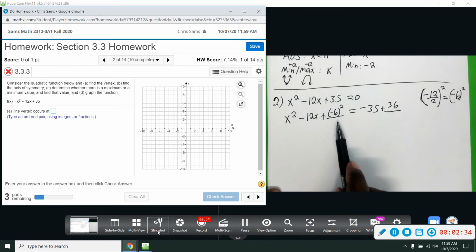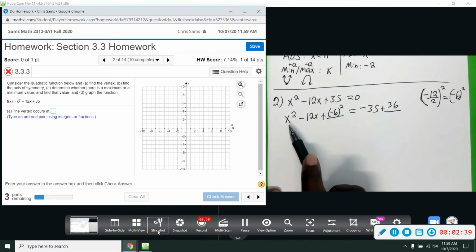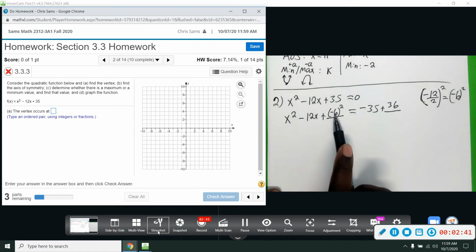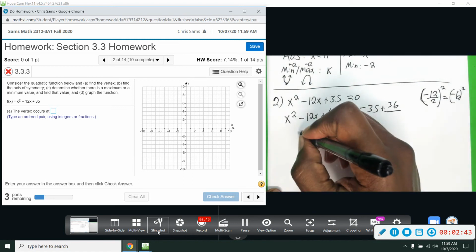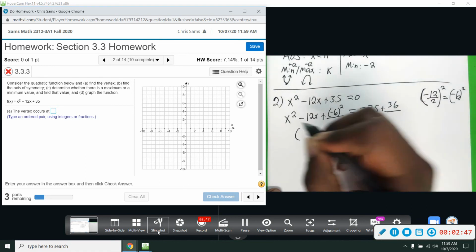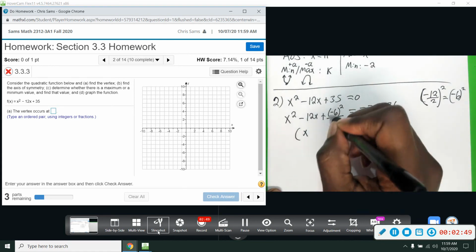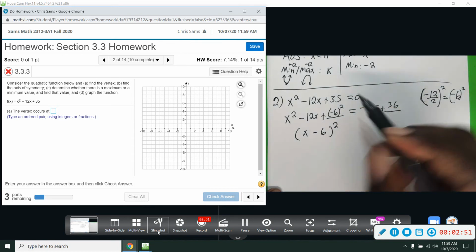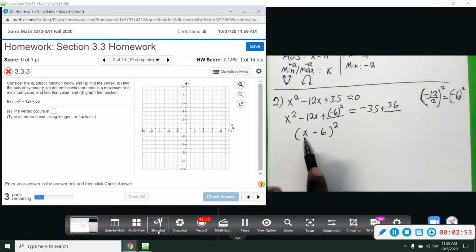On this side, leaving it like this helps us to factor it really easily. You're going to take the two terms that have a square, put them in parentheses together, and the square on the outside. So that is x, and then minus 6. So this side is factored. If you go back and FOIL this, you will see that that negative 12 is there, and that you get 36.